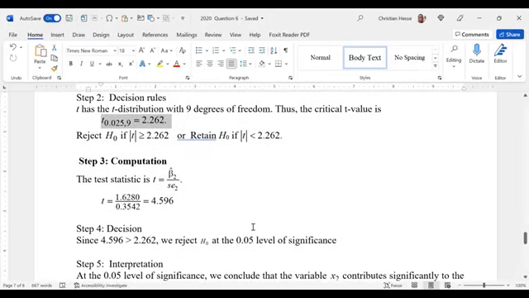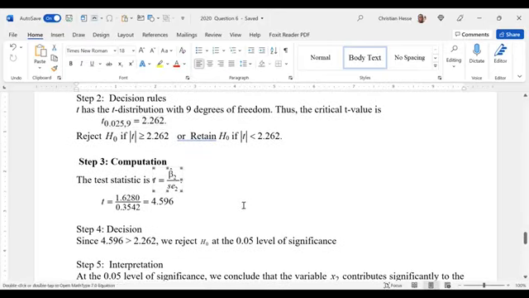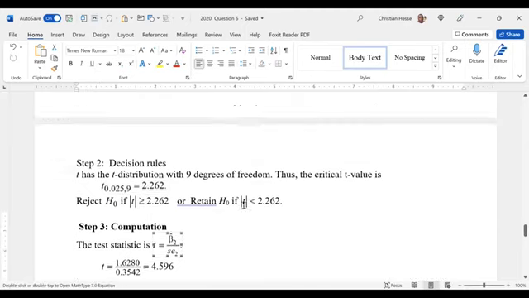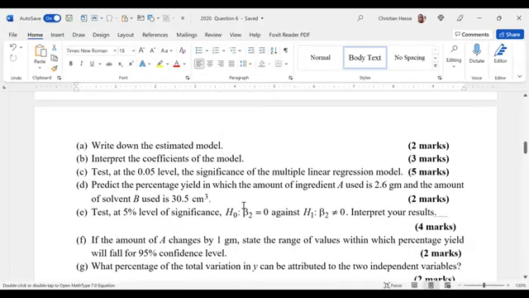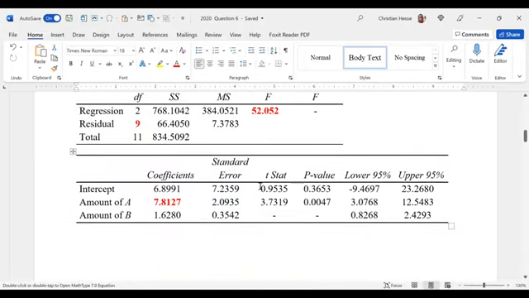So now how do you compute the T? I will show you on the table. These are the T values. But unfortunately for you, the T value for beta 2, the one we are interested in, is omitted.